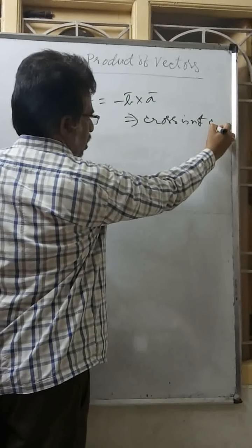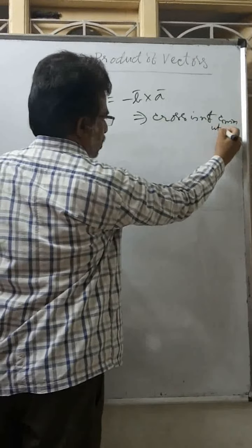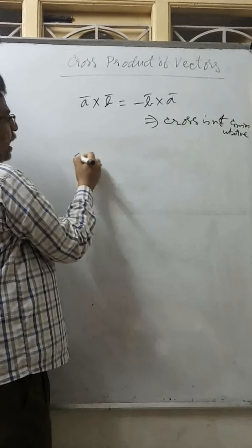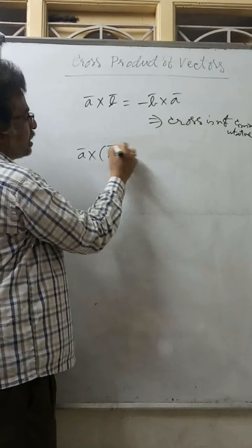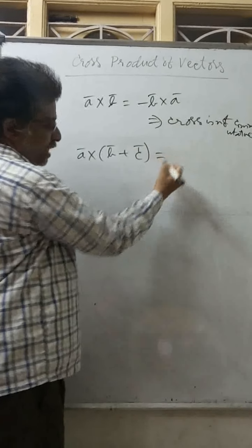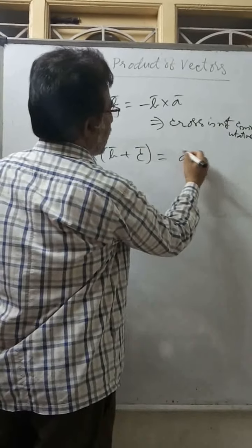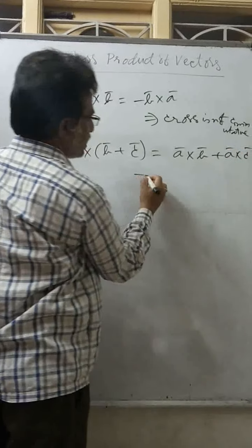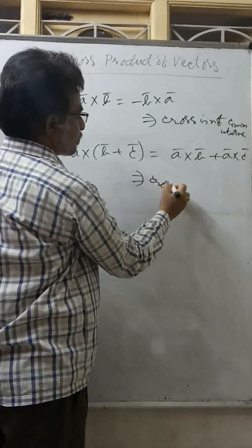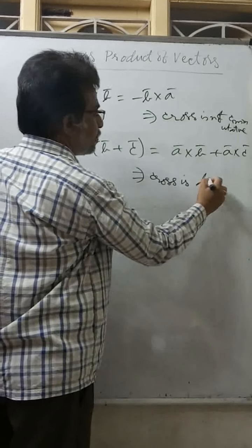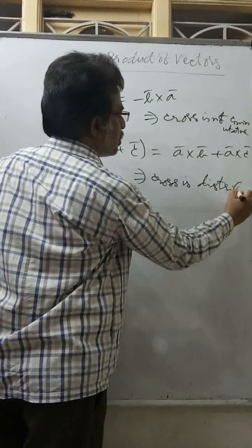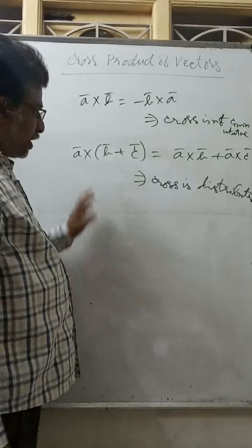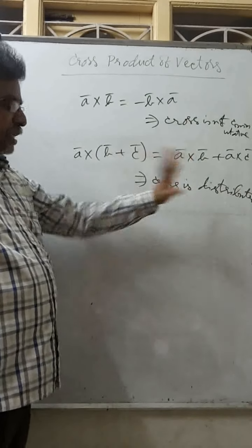Next, a cross (b plus c) equal to a cross b plus a cross c, which implies cross is distributive. It is not commutative but distributive. You can apply the distributive property to a cross (b plus c).